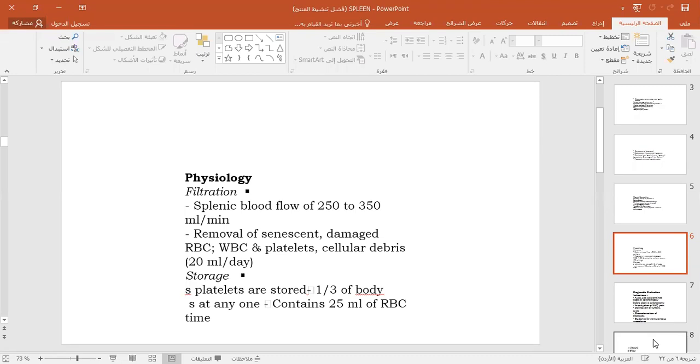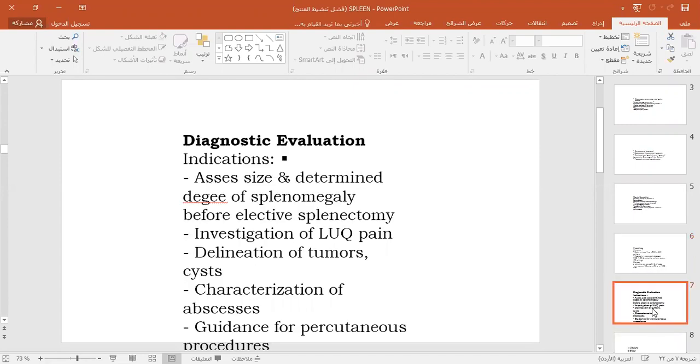Regarding the storage, one third of the body platelets are stored at the spleen, okay? And the spleen contains 25 ml of RBC at any time, so it is a storage of blood elements.